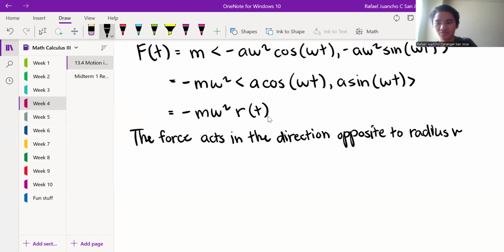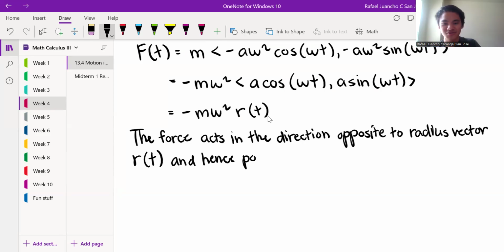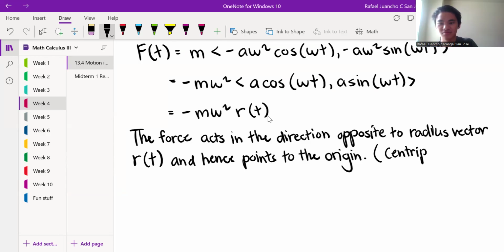We call it a radius vector because it actually starts from the origin, r of t, and hence points to the origin. And so we call this a centripetal force.